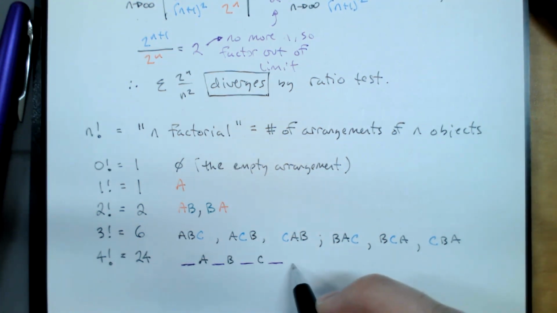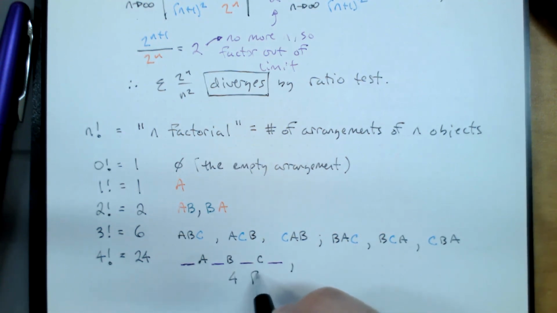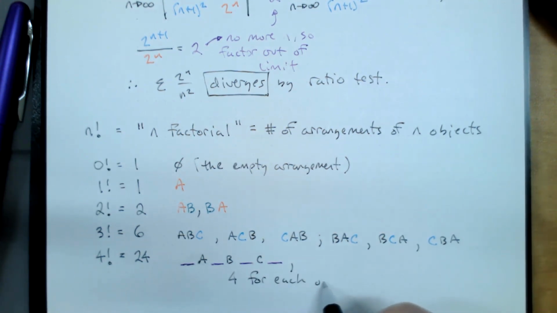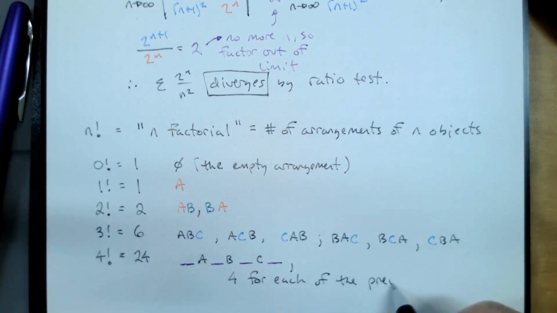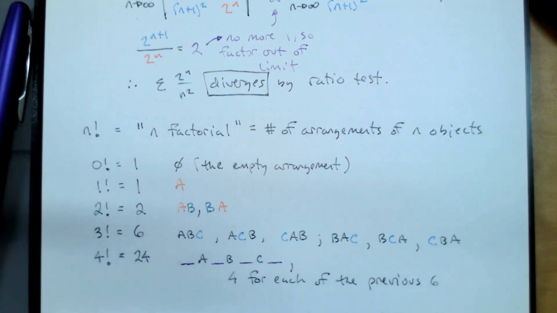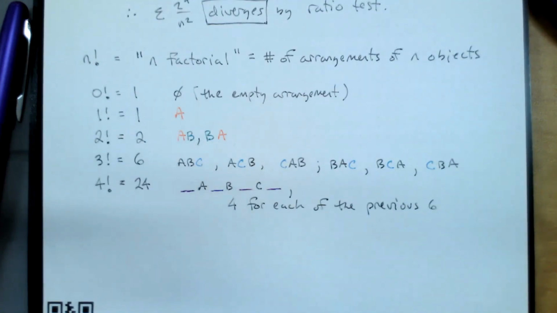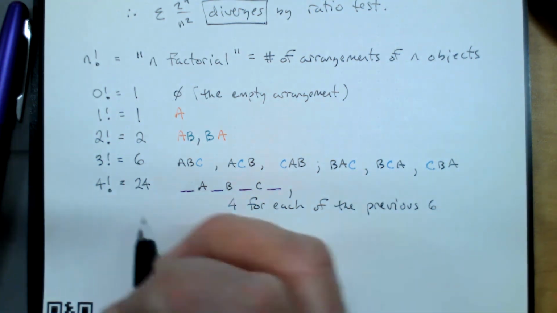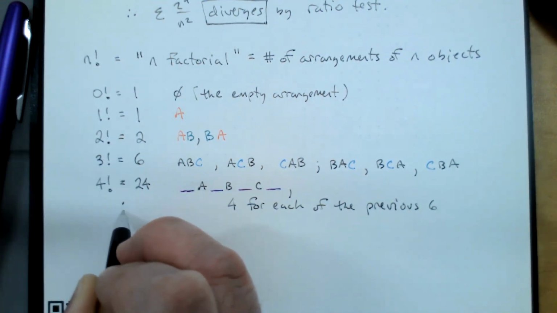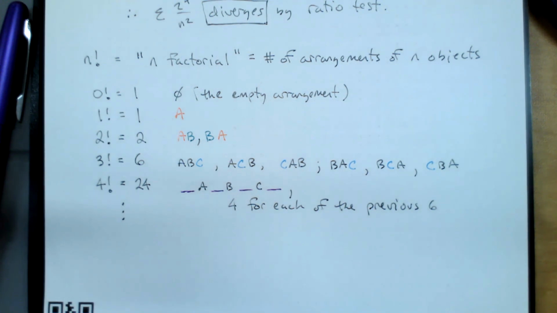So I got 4 locations to put D for each of the previous 6. Each one of those has 4, so we multiply. So n factorial is the number of arrangements of n objects. Then we'll talk about the more mechanical way to calculate n factorial.